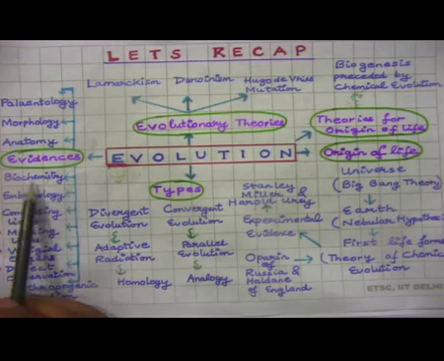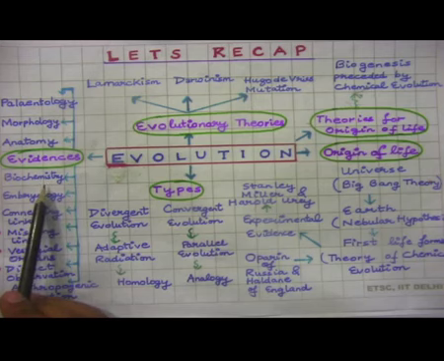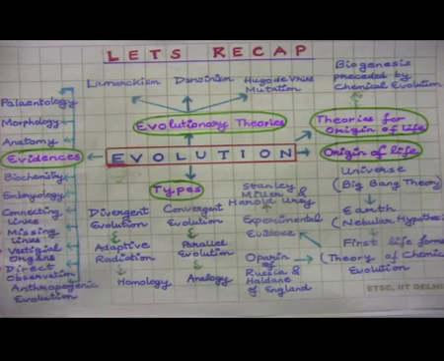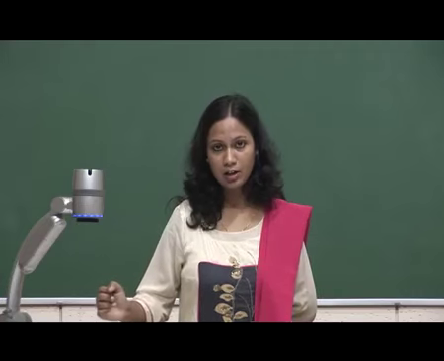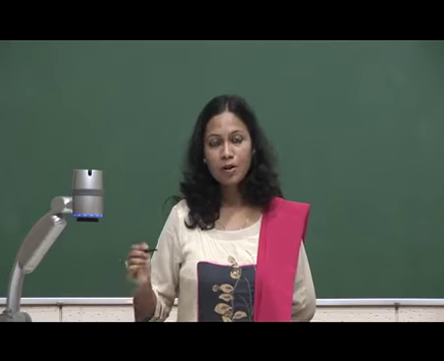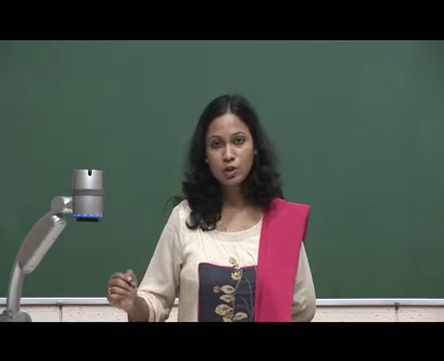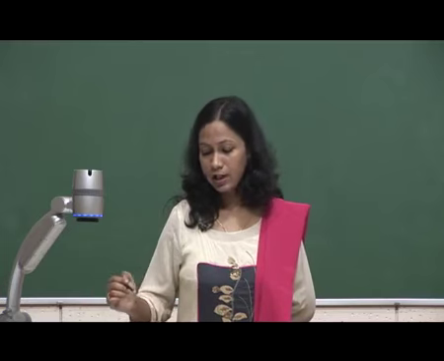The next evidence comes from biochemistry. Biochemistry deals with the metabolic reactions and the biomolecules present inside the organism. These biomolecules can be compared, and if the biomolecules are similar in organisms, showing similar properties and similar structure, that shows that they are related evolutionarily.